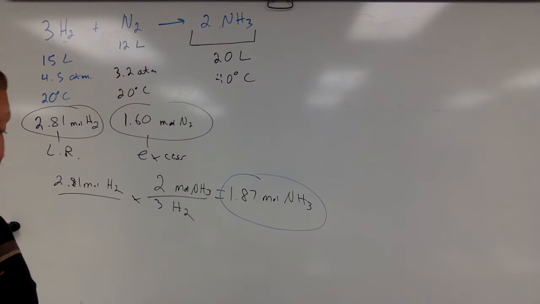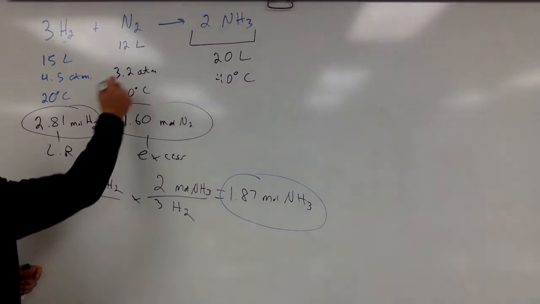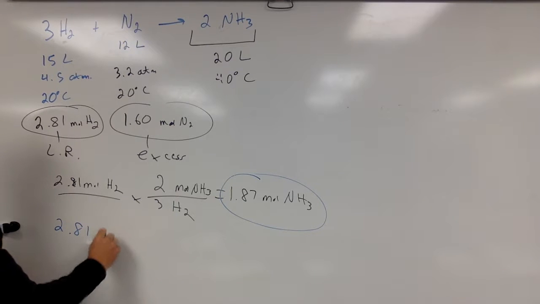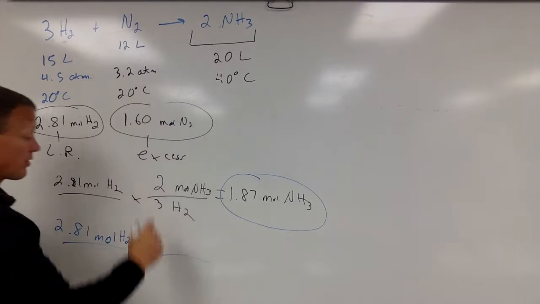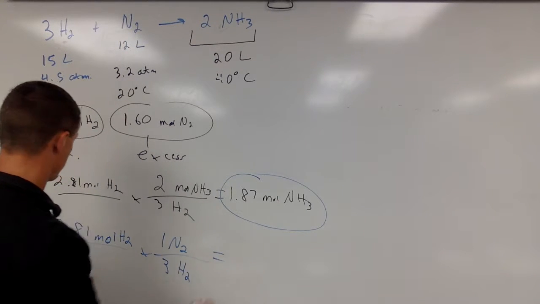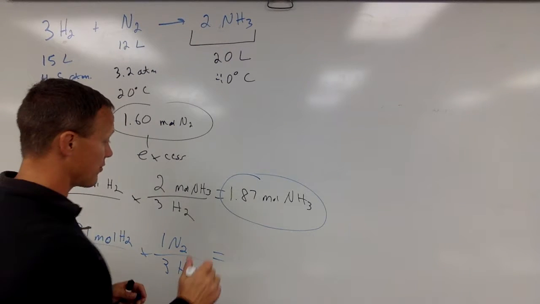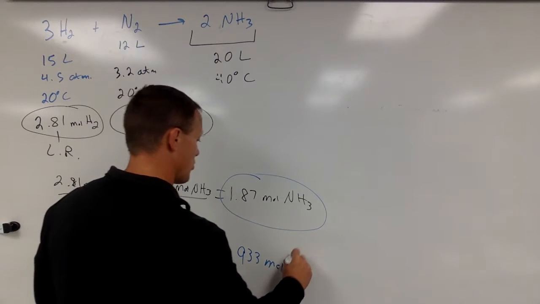Now we need to get our excess. So start with our limiting, go to the thing in excess. So 2.81 moles of hydrogen we know were used. It's a 3 to 1 ratio. For every 3 moles of hydrogen, there's 1 mole of nitrogen. So 2.81 divided by 3 is 0.933 moles of nitrogen.